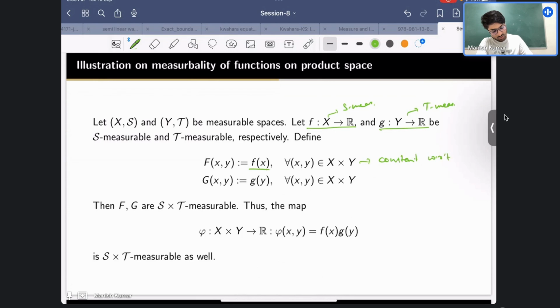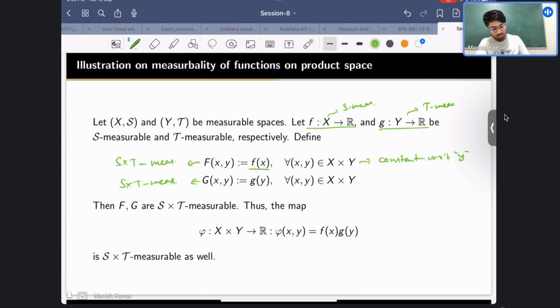Whatever y you choose, it doesn't matter, so it depends only on x. This function will obviously be measurable in S cross T, reason being that f is S measurable. In a similar way, you can prove that g(y) is S cross T measurable.